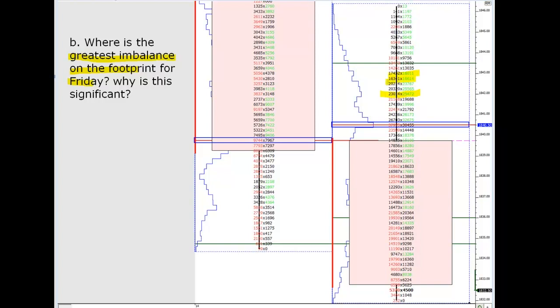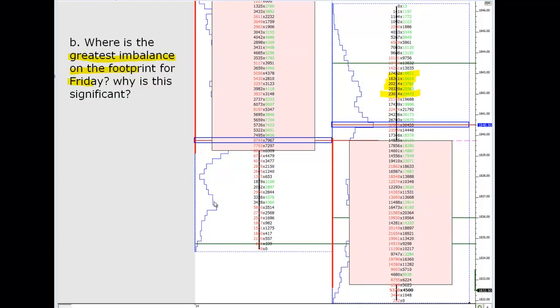If we did the math, you will see that up here we had a number of times where we had an imbalance to the upside. There was obviously a buyer that was trying to push prices higher that was unable to do so. And as a result, prices continued to move lower.